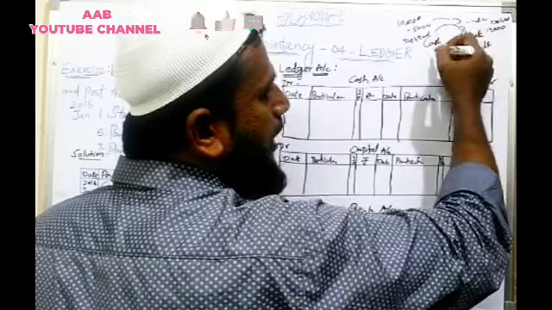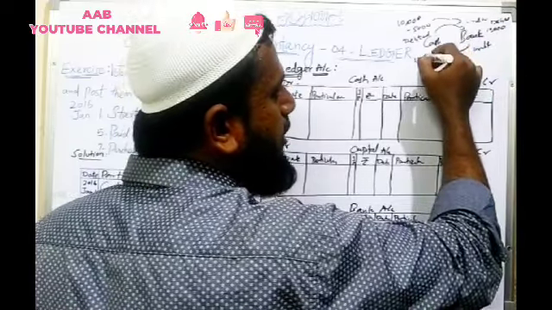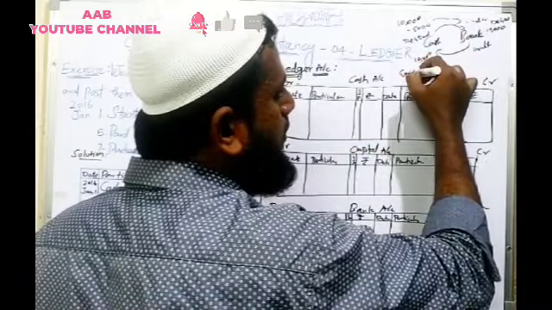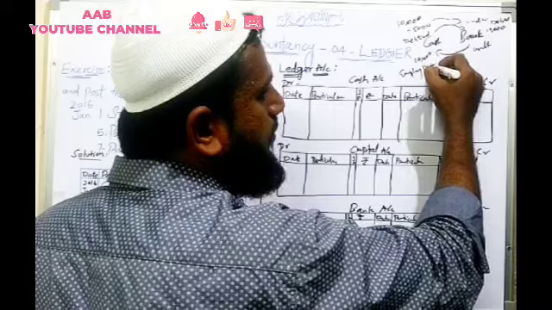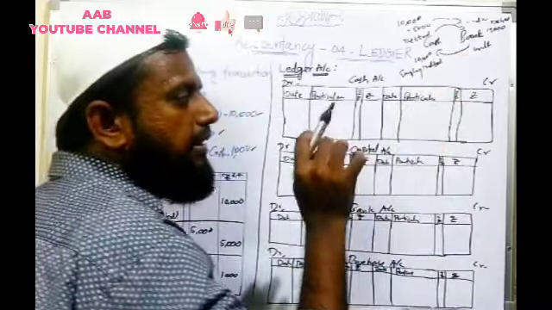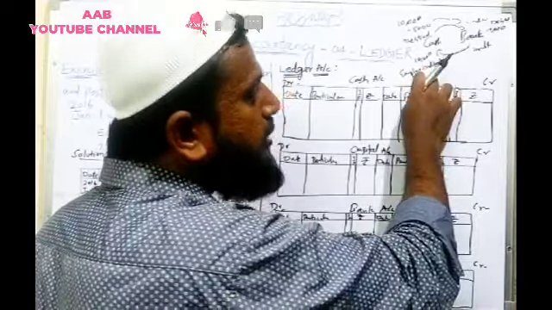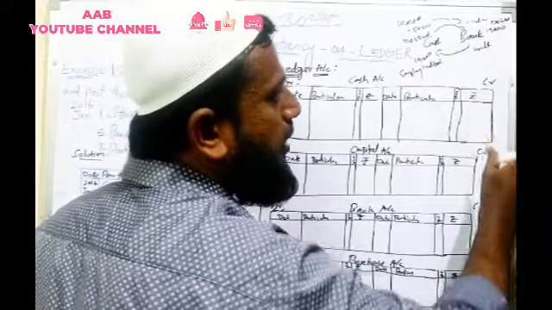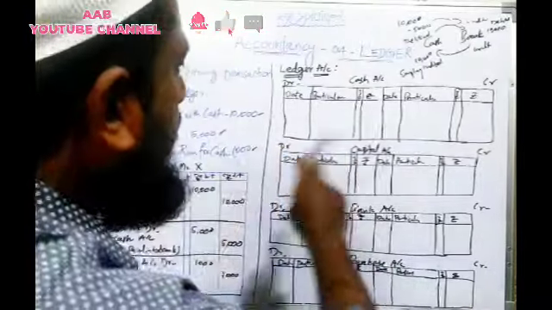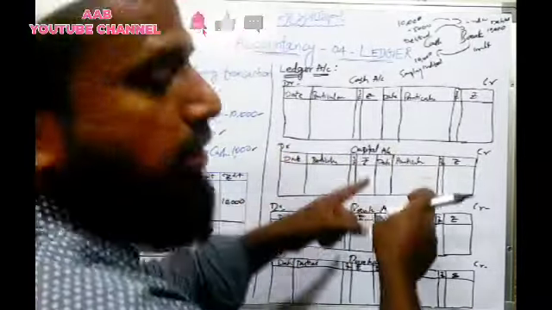At the same time, the employee is credited 10,000. In the bank column, 10,000 will be debited. So this is what happens when posting from the journal entry to the ledger account.